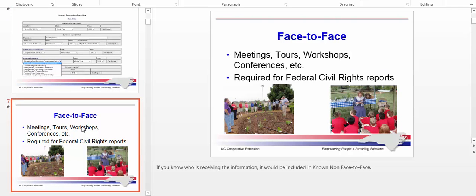Now, what constitutes face-to-face? Well, I think you're all familiar with our meetings, workshops, conferences, etc. that we conduct. These are required as a federal civil rights report. They're required annually, and more often if someone actually asks for them. A congressman may ask for a report in mid-year, or for a budget year from October 1 to September 30th, and we try to give them the information that they asked for.